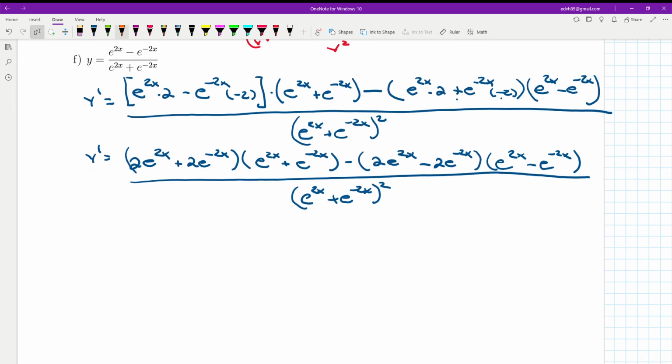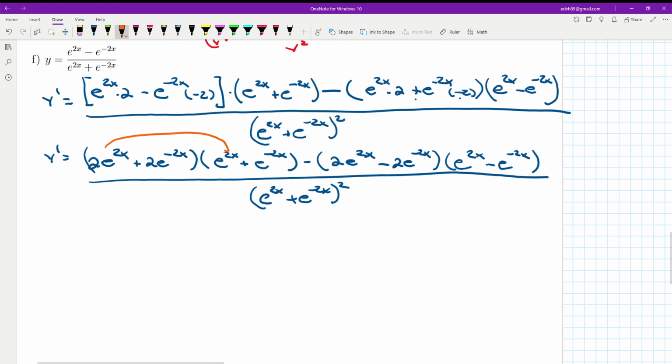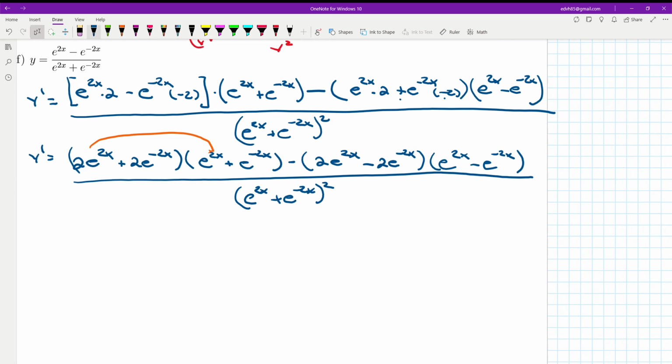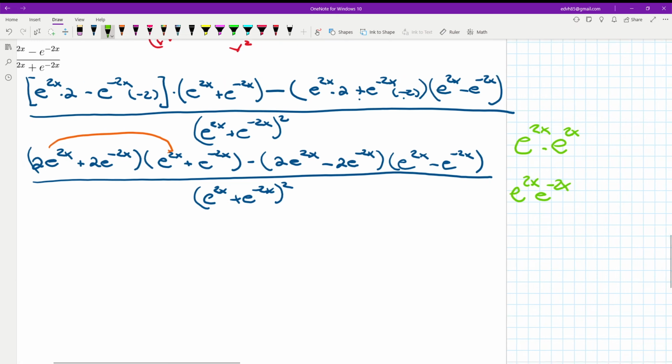Okay, so let's multiply these two: 2e to the 2x times e to the 2x. Let me do on one side what we are supposed to do. In some cases we will multiply e to the 2x times e to the 2x, and in other cases we will multiply e to the 2x times e to the negative 2x. Let's see what we do in each situation.